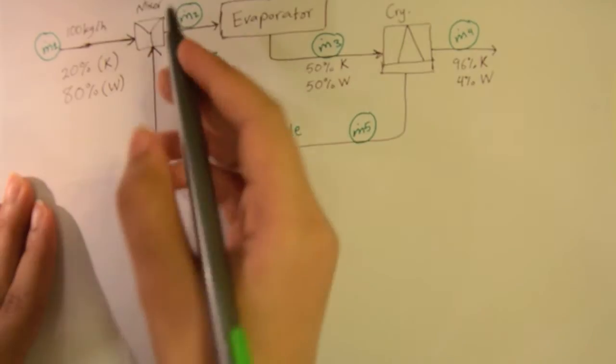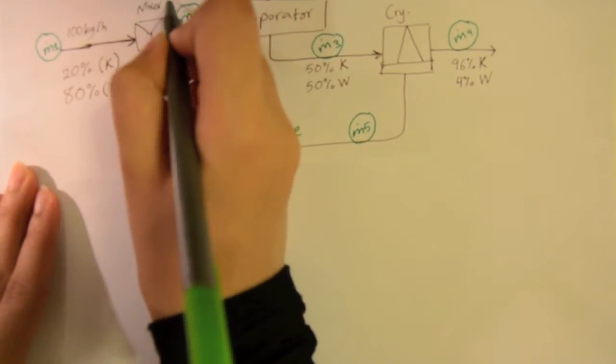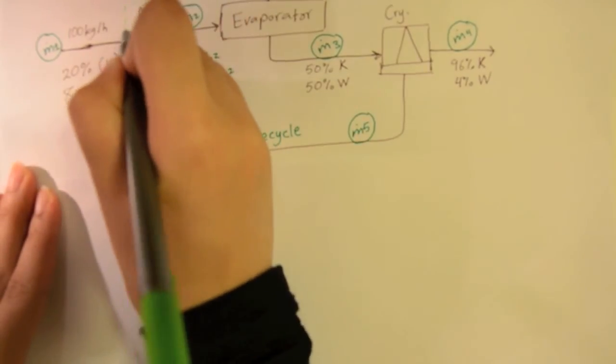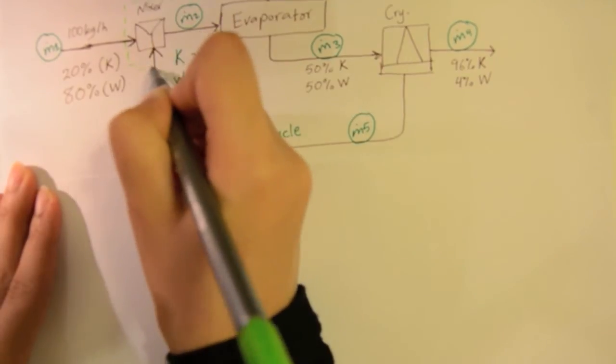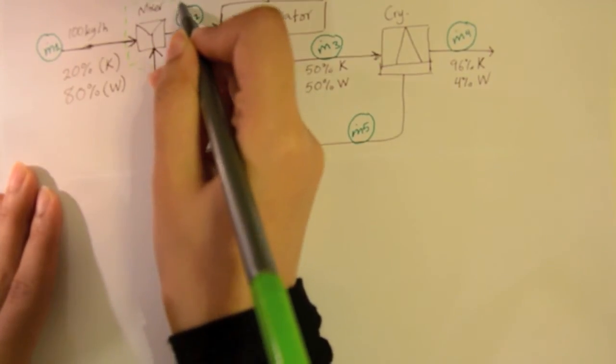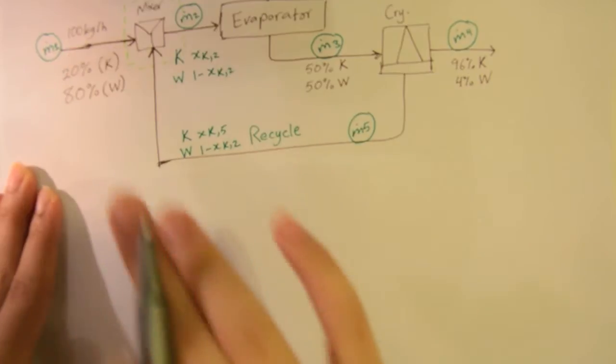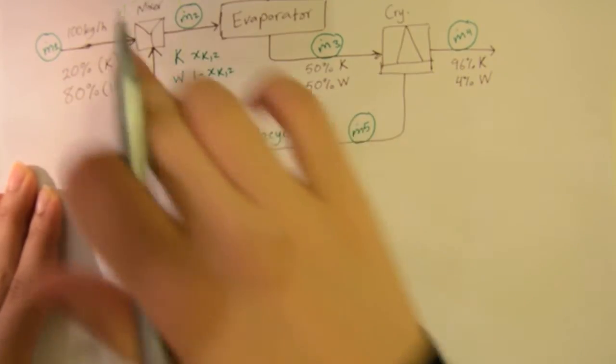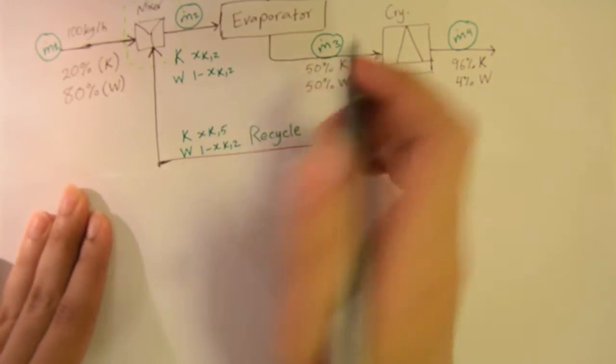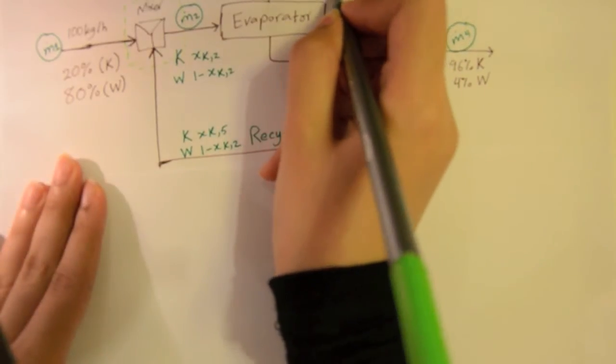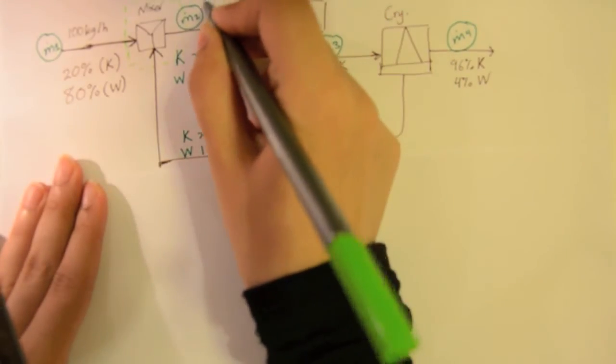So I'll start with the mixer. We can make borders like this to know which streams are entering or going out from this system. The second is the evaporator.